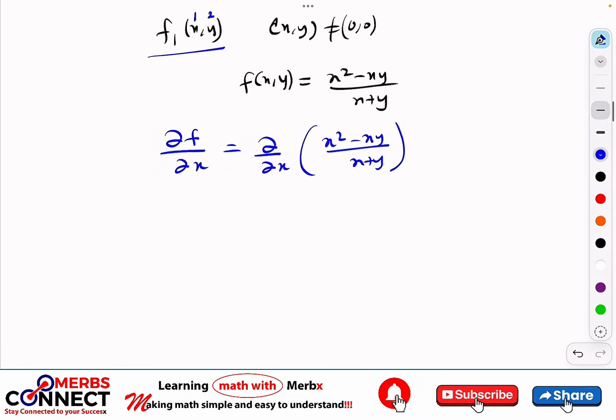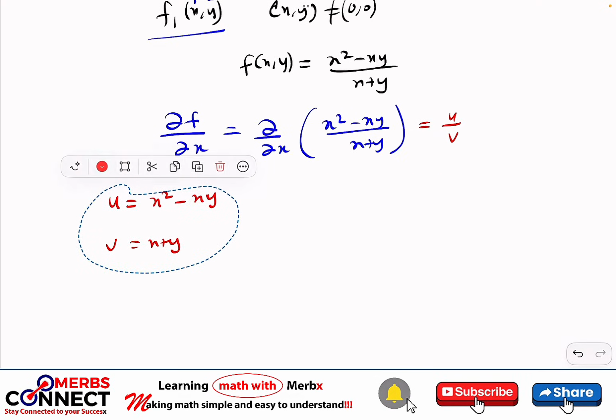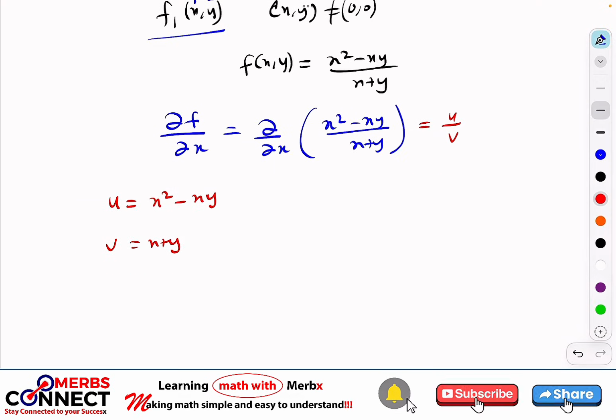Now this we can use the quotient rule. Quotient rule, I'll set the top to be u and the down to be v. So my u is equal to x squared minus xy, and my v is equal to x plus y. Now don't forget we are differentiating with respect to x. So my partial of u, this is going to be u1 or ux because it's with respect to x.